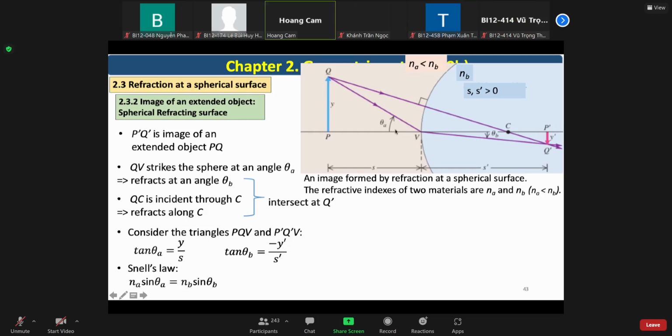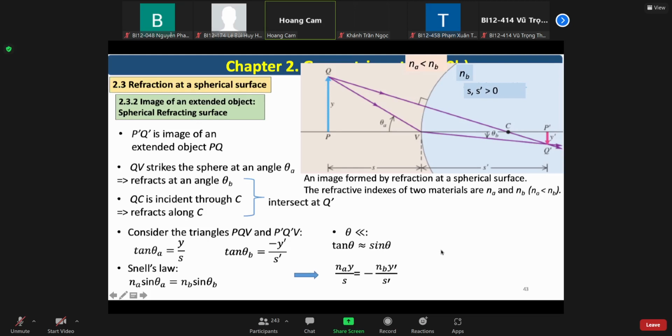And we obey Snell's law. So you got NA multiplied by sine theta A equals NB multiplied by sine theta B. And as usual in physics, we follow some approximation from mathematics. We consider theta very small, so tangent of theta is approximately equal to sine theta and also equal to theta. So we can deduce that NA multiplied by y over s equals minus NB multiplied by y prime over s prime.